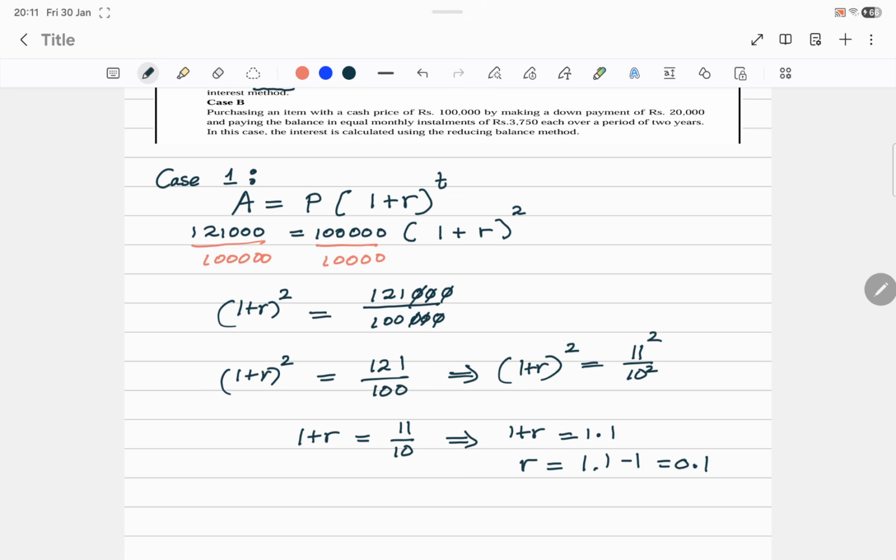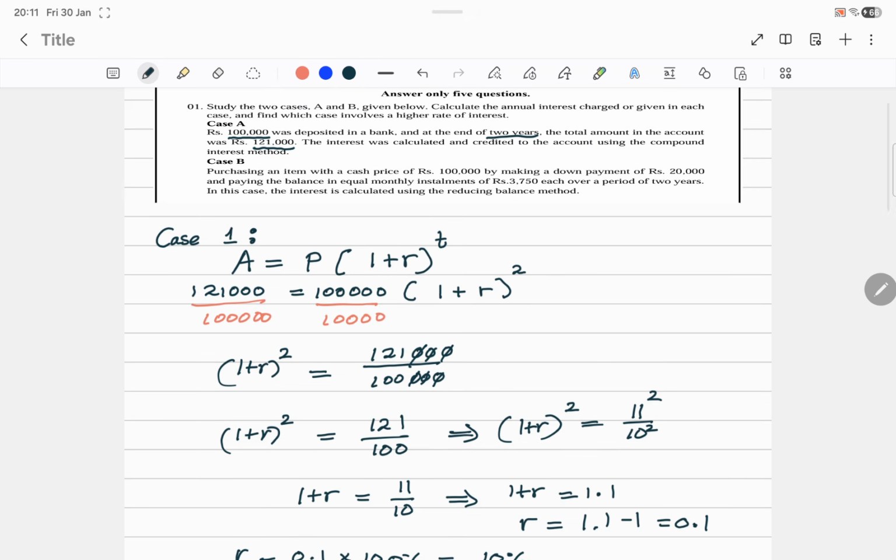So now convert this into a percentage. 0.1 into 100%, which will give me 10%. So this is the interest rate for case A. Right. Then we'll look at case B.